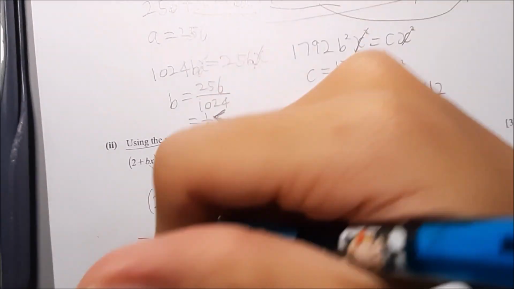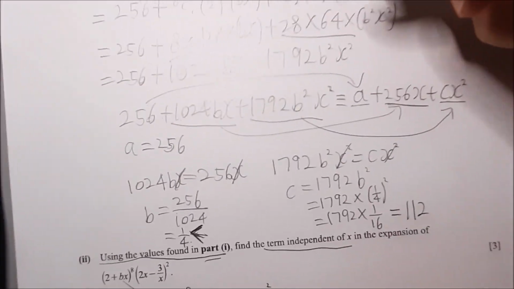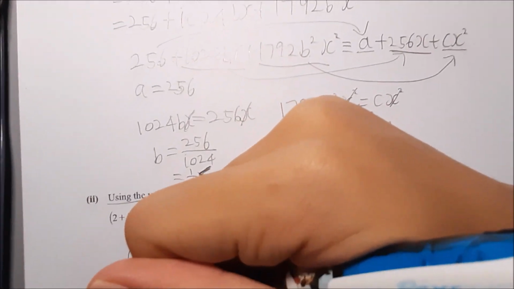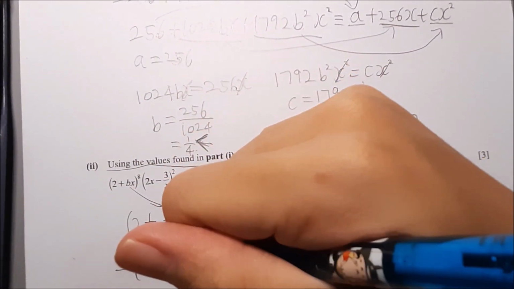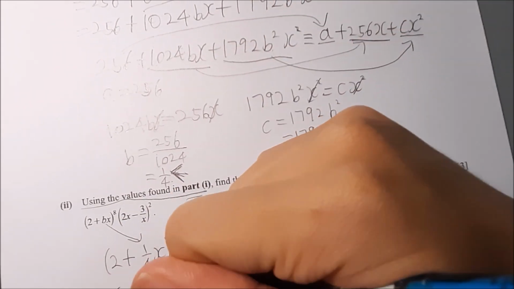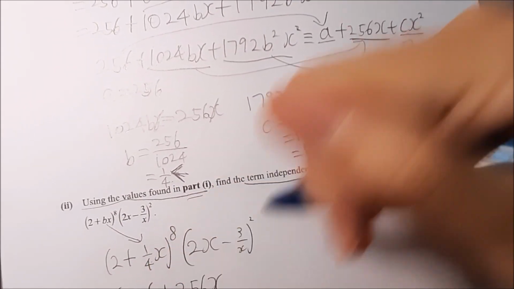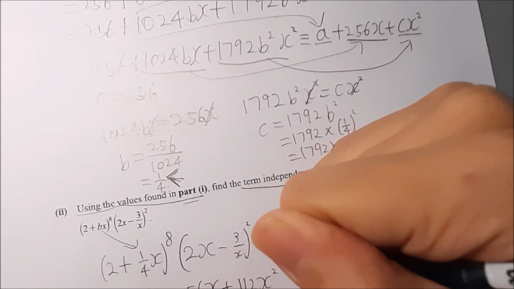So you just copy down what you have written here. So it's 256 plus 256x plus 112x².